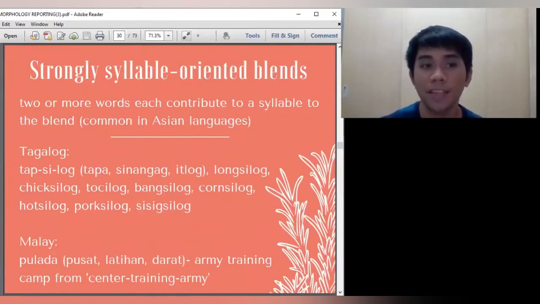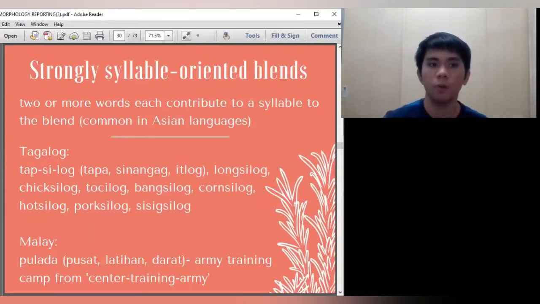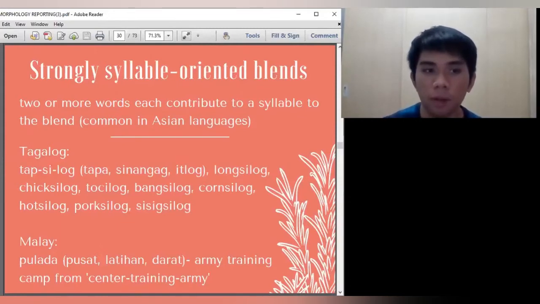But we also have the strongly syllable-oriented blends that are common in Asian languages. Not just two, but more than two words contribute a syllable to form a blend. For example, in Tagalog, we have all the silog-ending words for food, like tapsilog.